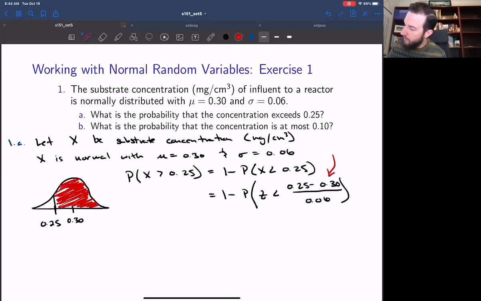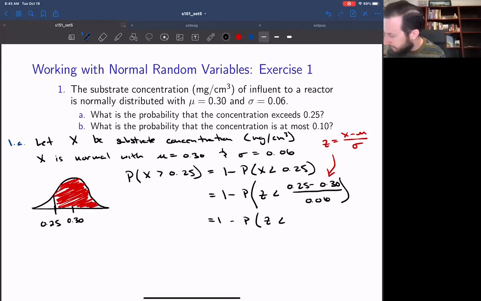What I'm doing here is converting to the z-score within the probability statement. This is not different from what we did in the previous example. It's just a different way of writing it, but the process is exactly the same. So that gives us 1 minus the probability that Z is less than negative 0.83.